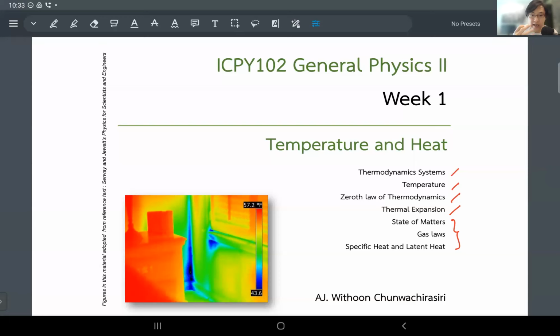That's kind of nice. And then we're going to end this portion with specific heat and latent heat. So we're going to learn a little bit about what heat is, how things go with heat, what heat is going to be doing. So that's all about heat. Okay, sounds good.